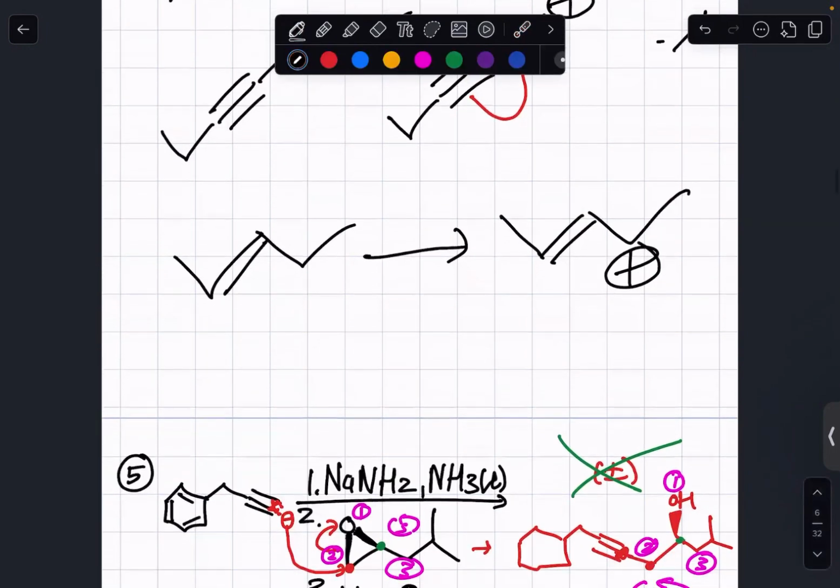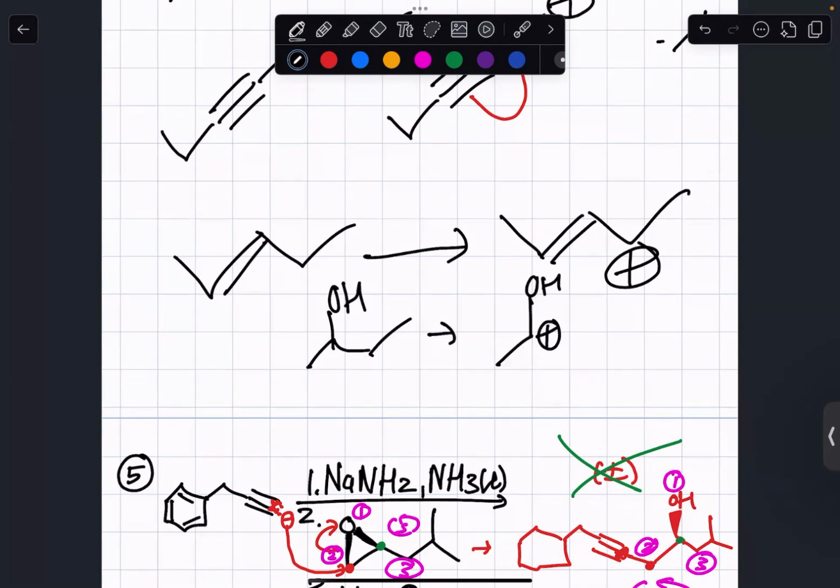For alcohols, that would be like a positive charge underneath the alcohol oxygen right there. And there's a name for that, like alcohol defragmentation or something like that. And you have to know the names of how each functional group, alkyne, alkene, and alcohol, fragments in the mass spectrometry, right? But I'm not too familiar with that mass spec stuff.